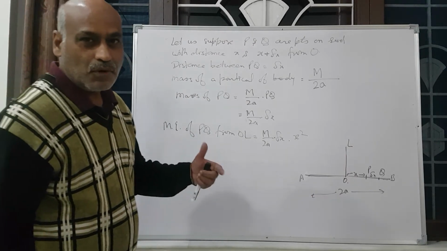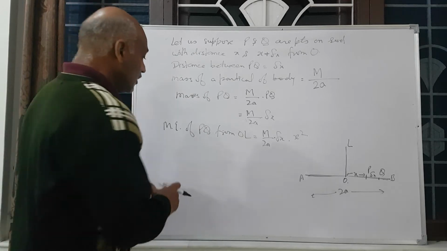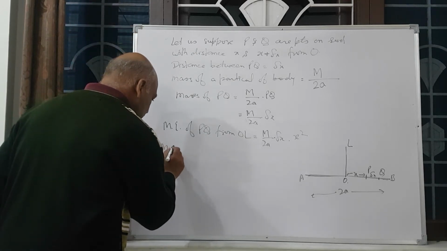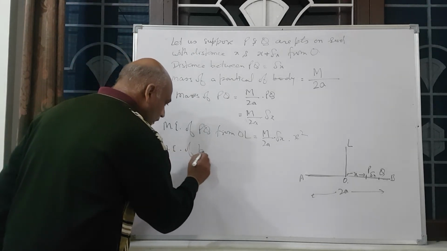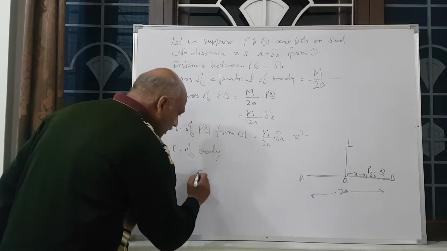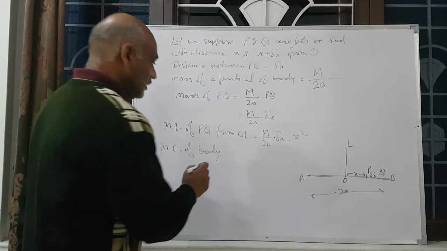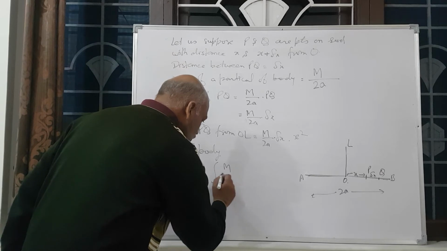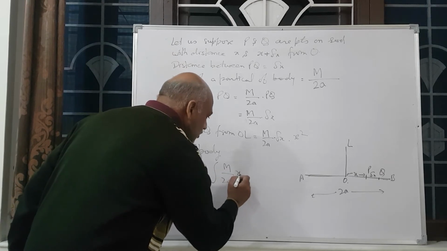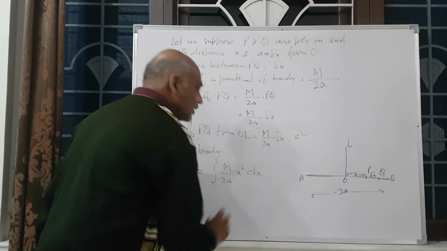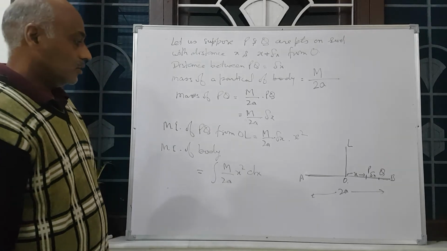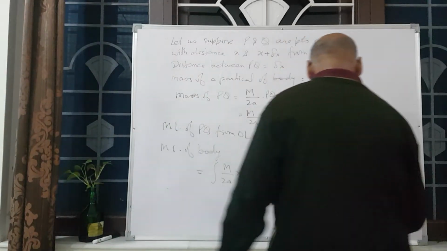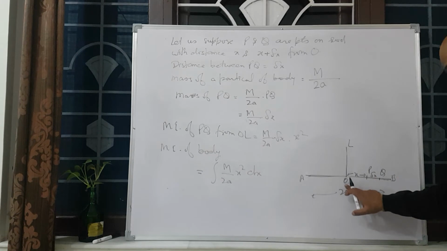But we have to find the moment of inertia of the whole body. So the moment of inertia of the body means we have to integrate M upon 2a x squared dx. And what is the limit? This is G, the middle point.